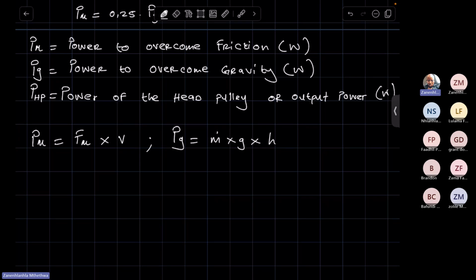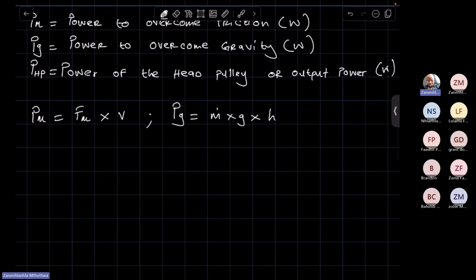And then the power of the head pulley, right? So there's two ways you can calculate it, right? The two ways are the one you're already familiar with, that is T1 minus T2, so effective tension times V. But you can also calculate the power of the head pulley by using the power to overcome friction and the power to overcome gravity.